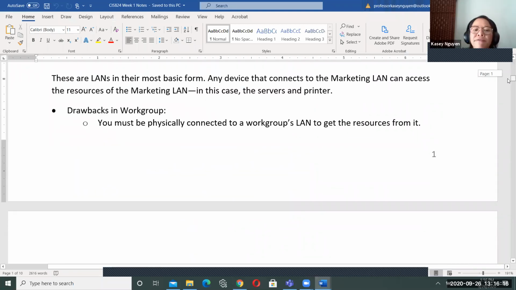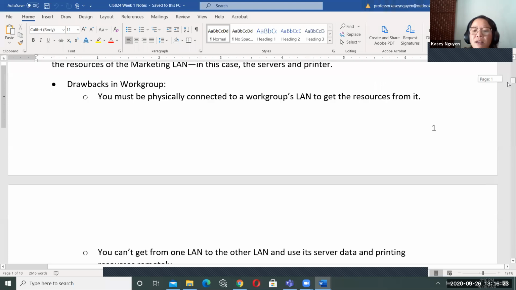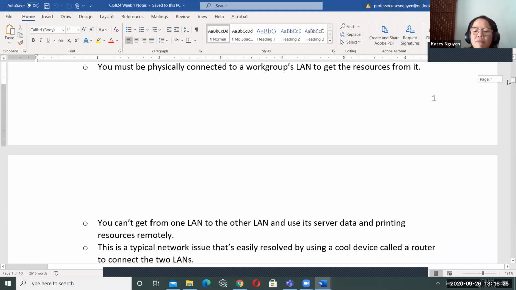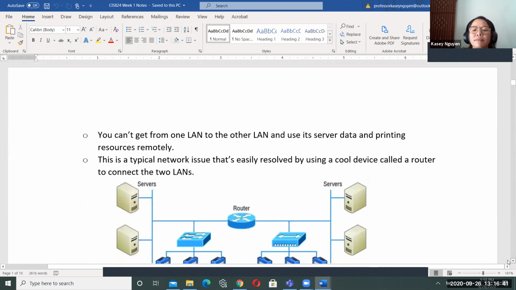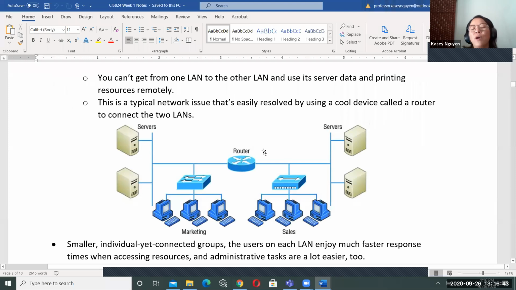So in the LAN environment, the drawback is that when you connect to a workgroup, you can access resources from it, which prevents security. Usually in a workgroup environment, we can share resources, but then there's no control with the authority. So when we draw a network, this is a client server network, okay?